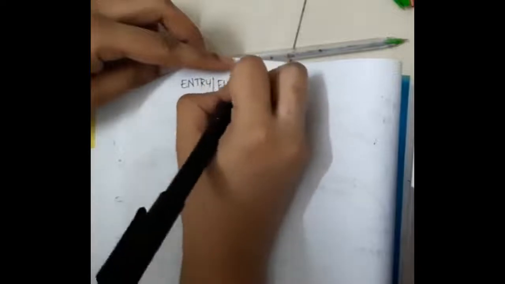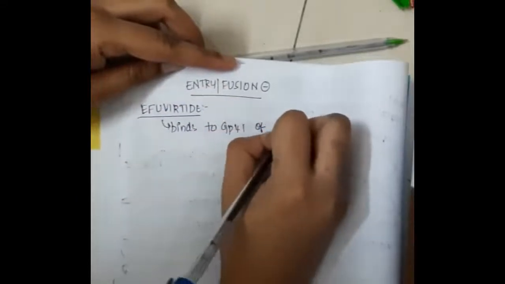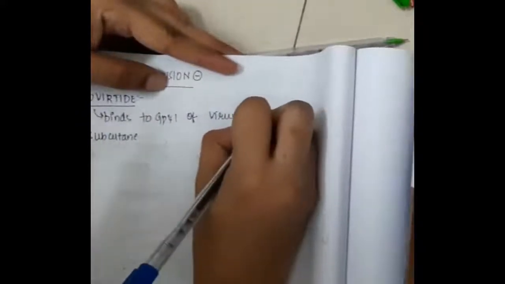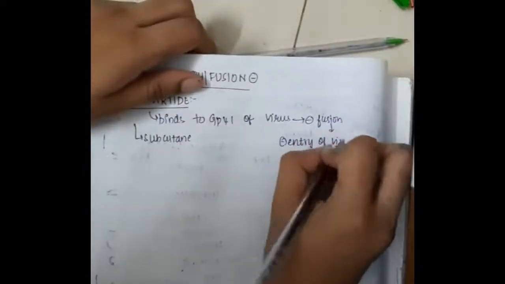Then the next important drug class is entry or fusion inhibitors. In entry or fusion inhibitors, first we have enfuvirtide. Enfuvirtide binds to GP41 of the HIV virus and thus inhibits fusion and inhibits the entry of the virus into the host.